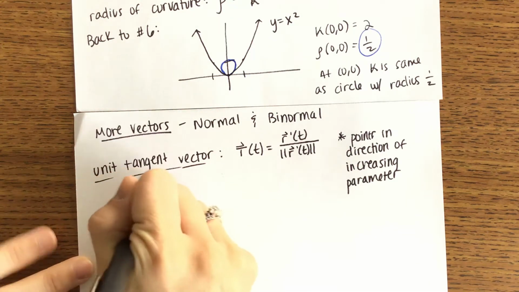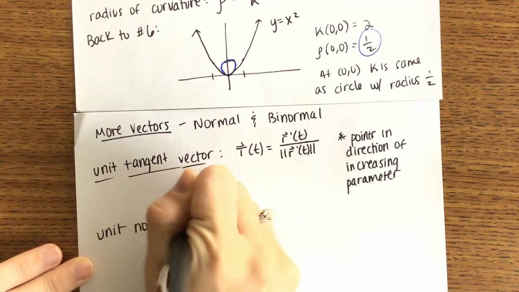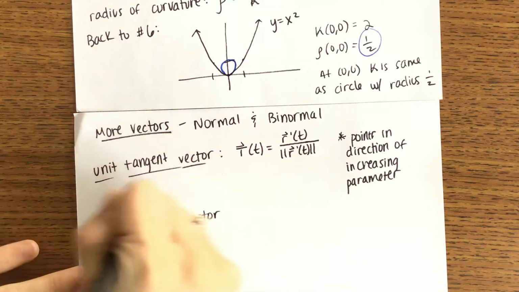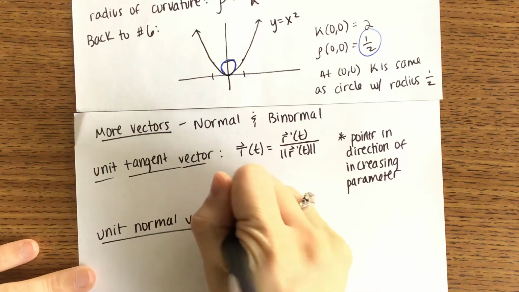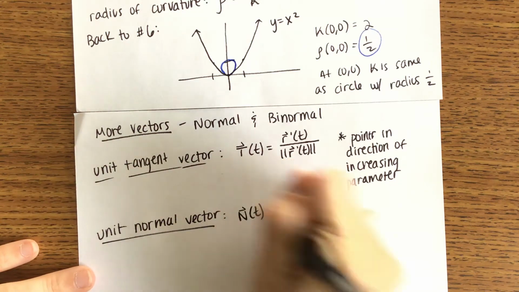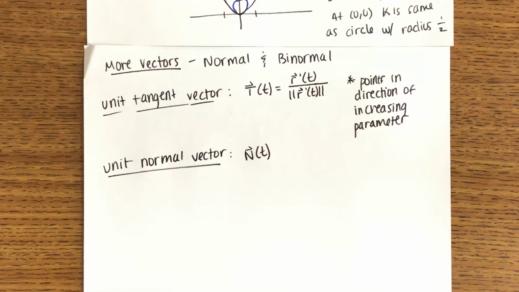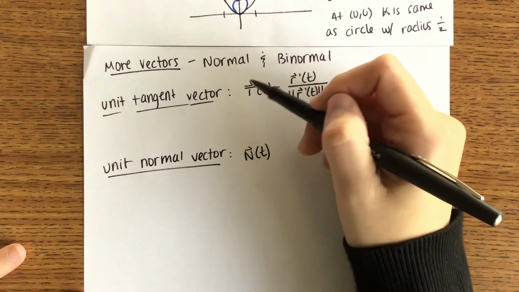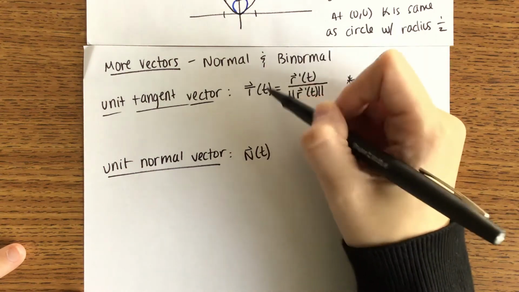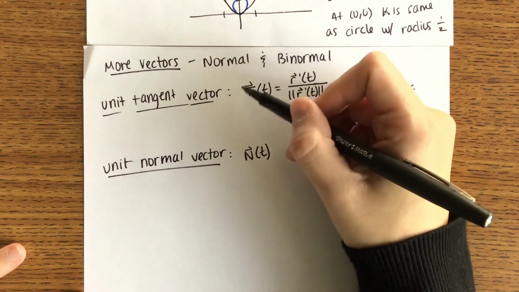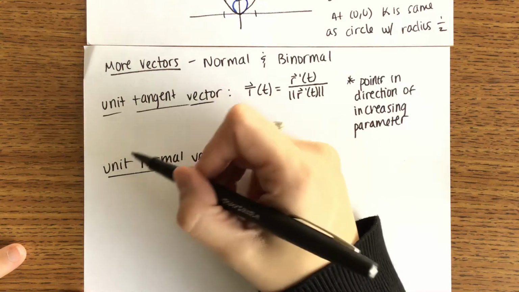You also have a unit normal vector. So this is one that's new. Unit normal vector is going to be big N. The unit normal vector is going to be when you take the derivative of the unit tangent vector, and then whatever you get, you make it a unit vector again.